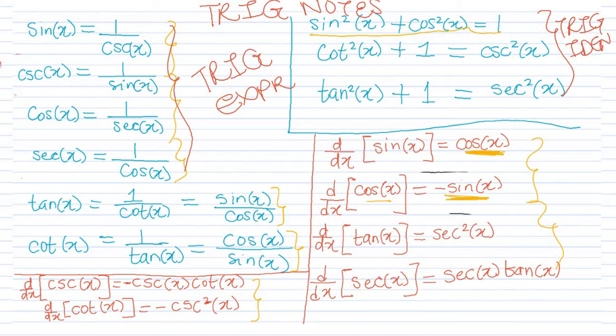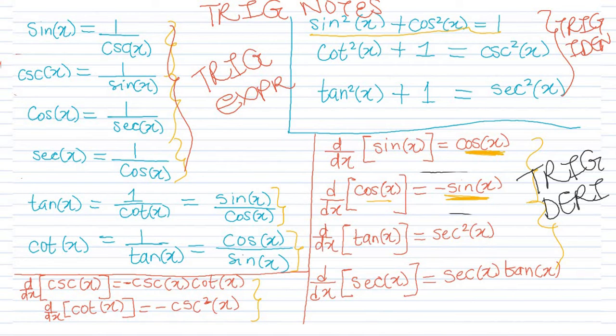For trig identities, this is just basically when trig functions have squares and how they relate to one another. And then the last one here is trig derivative. So everything that is written in the red marker on this page as related to trig functions are trig derivatives. And that is what we need right now.